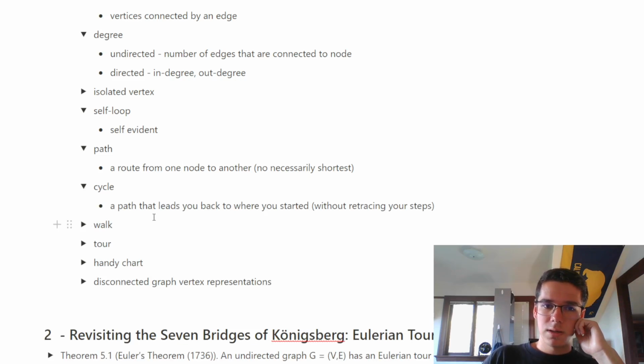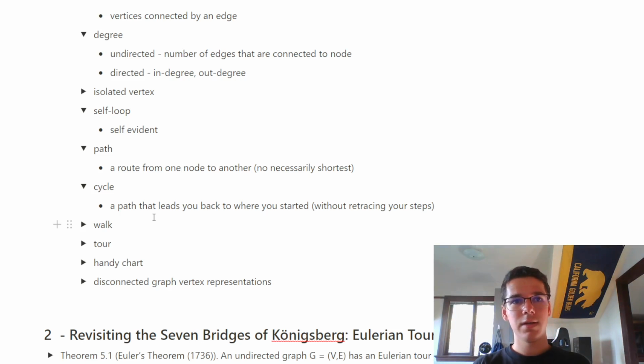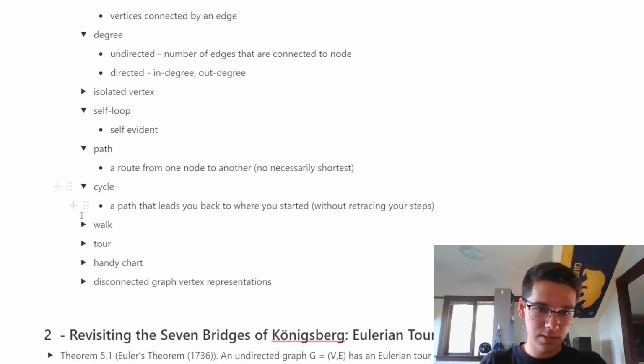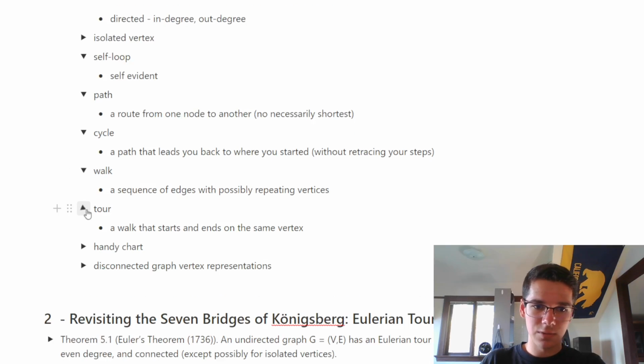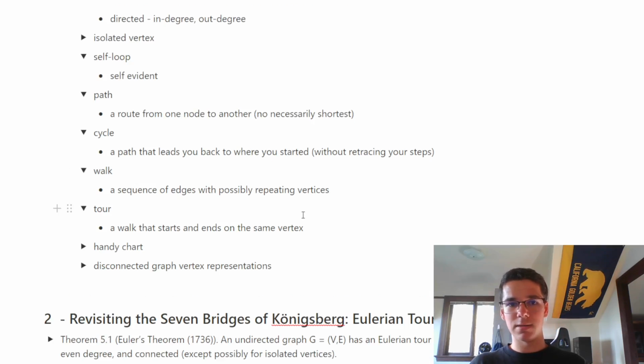A walk is just a traversal of the graph, and you can repeat edges, you can repeat vertices, and start might be equal to end, but it doesn't really have to be. And then a tour is a walk where the start and the end have to be the same.